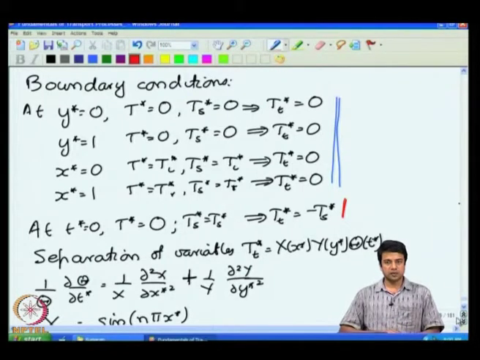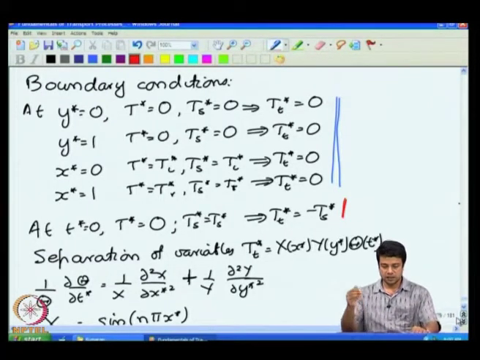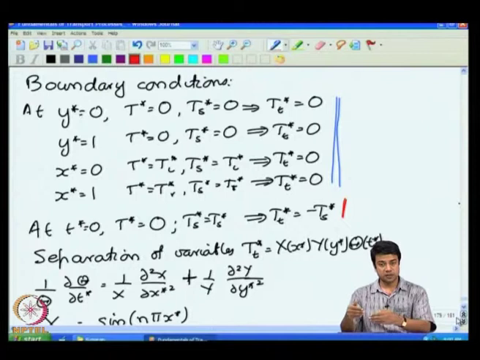This is important. When we solve a separation of variables problem, we have to make sure that there are homogeneous boundary conditions in all directions except one. That is the inhomogeneous direction where we will find what the solution is. And that was done by a two-step procedure here.